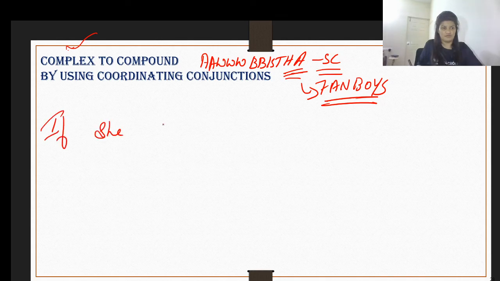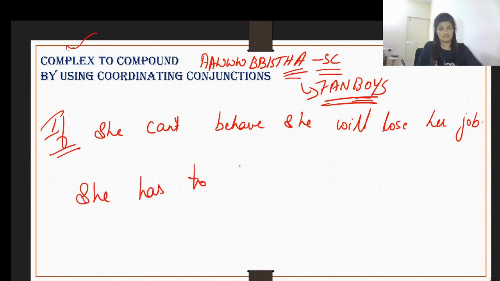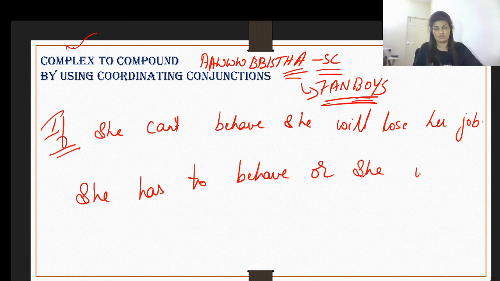If she can't behave, she will lose her job. Now this needs to be converted. You have your subordinating conjunction. This needs to be changed into one of these conjunctions. How are you going to do that? She has to behave, or she will lose her job.